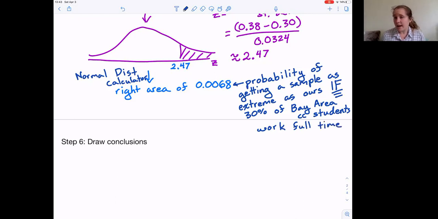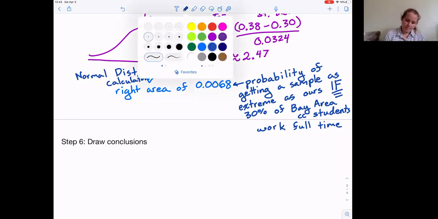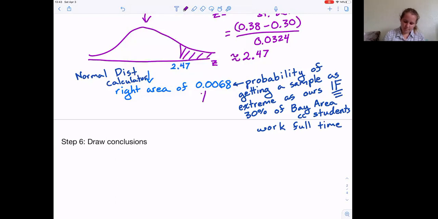So that's a very tiny probability. That is definitely a surprising result. So again, it's surprising if the original assumption is correct, which makes us consider the fact that maybe that original assumption is wrong.